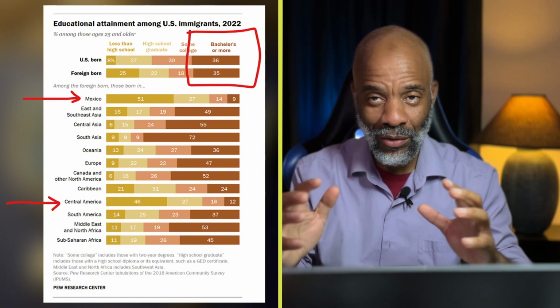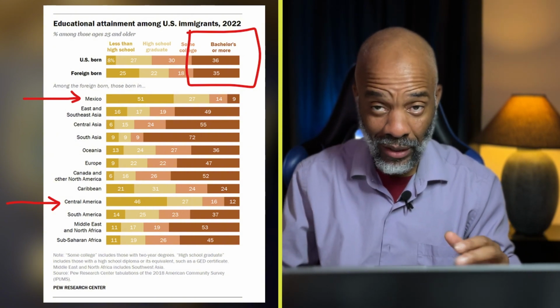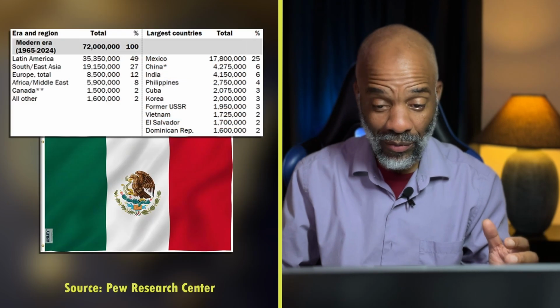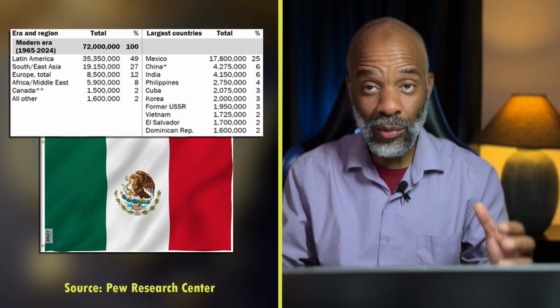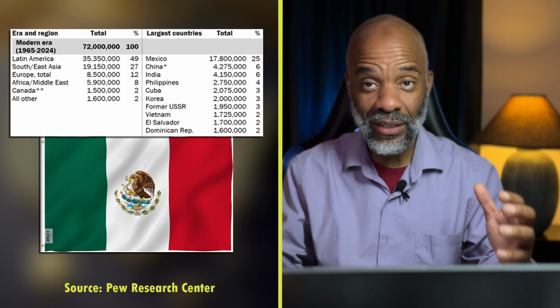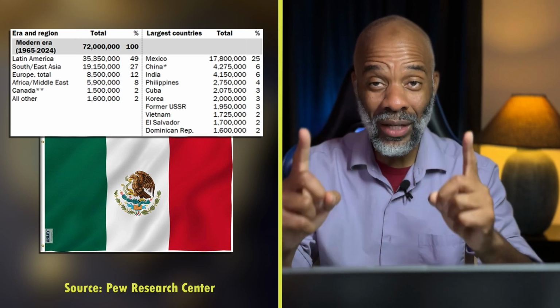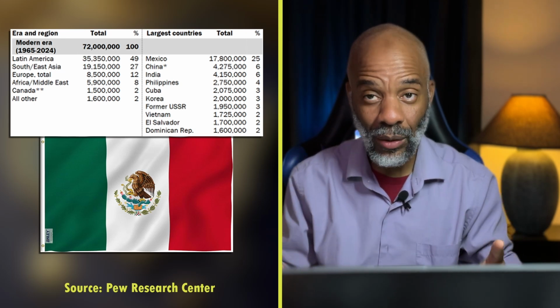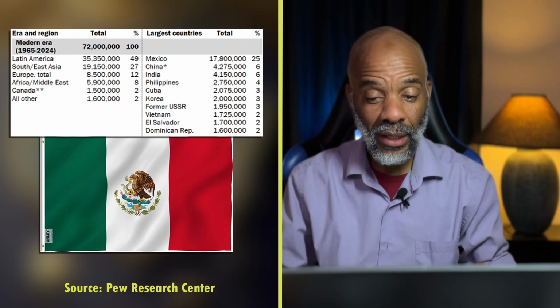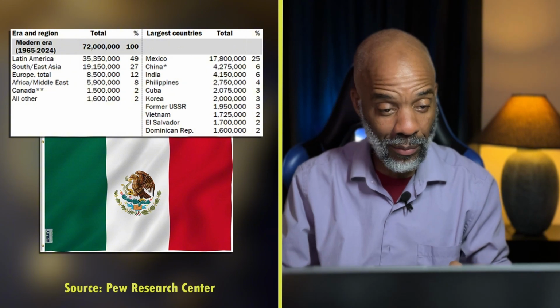And obviously the reason why it does that is because what did we learn before? We learned before that the overwhelming majority of people who come into this country as immigrants since 1960 have come from one country, Mexico. Okay, and that's very important, as you can see there with the numbers.